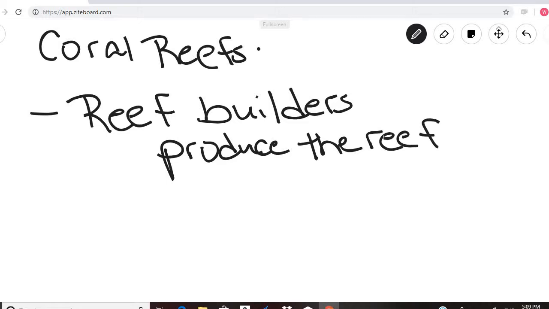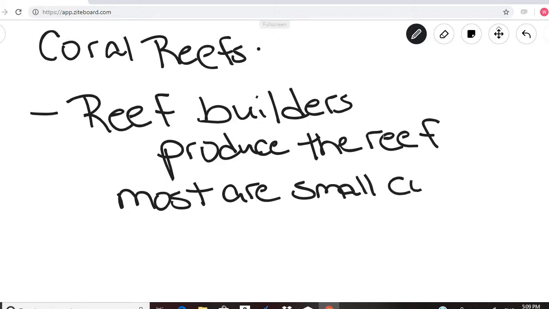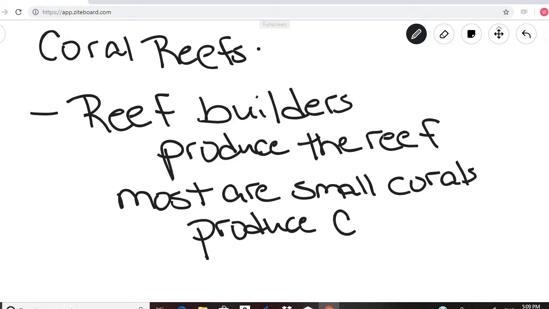Most of these are tiny corals. And what these corals do is they produce calcium carbonate around their bodies.